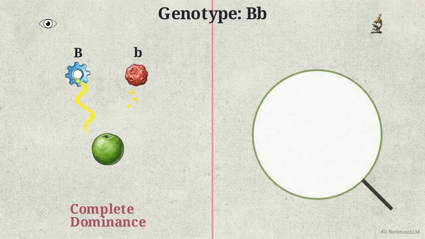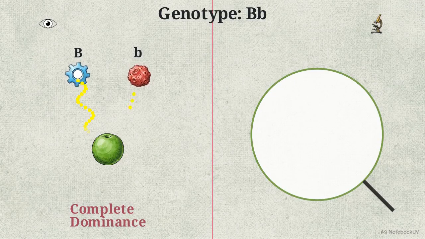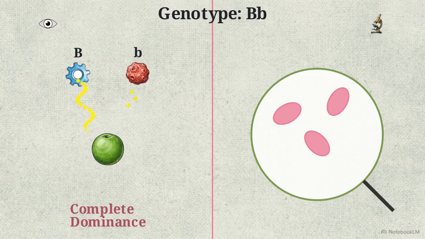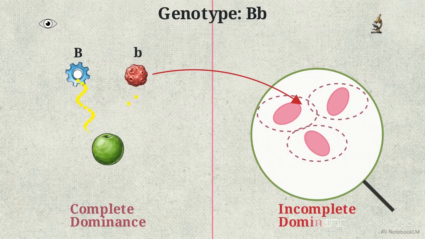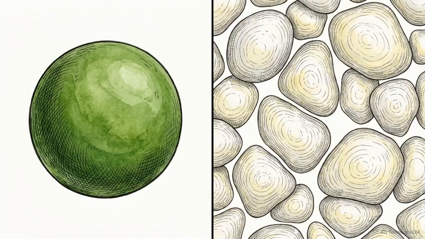On the right, we zoom down to the microscopic level to measure the actual size of the individual starch grains inside that exact same round seed. Because of the inefficient b allele, the total starch output is reduced. The resulting grains are intermediate in size. At this specific scale, the relationship is one of incomplete dominance. This single heterozygous seed presents a direct paradox.